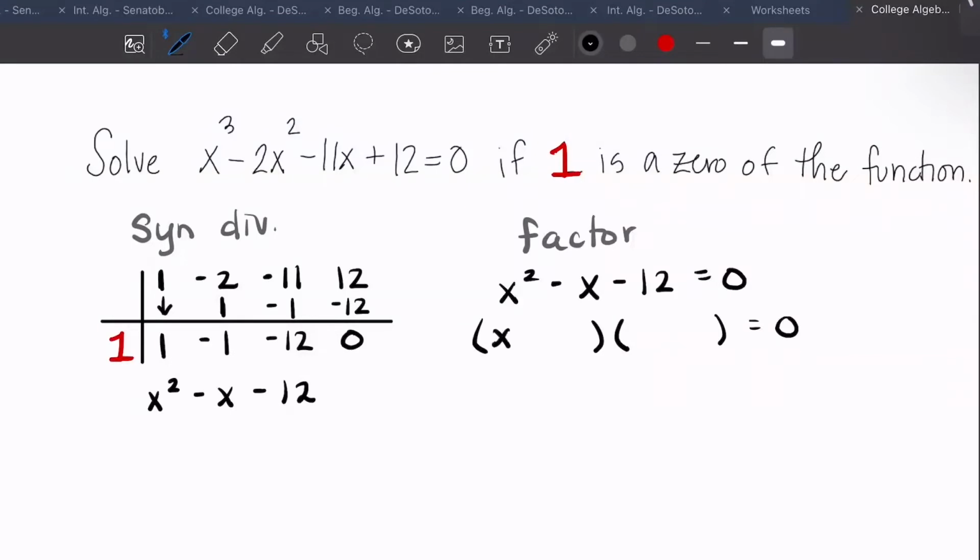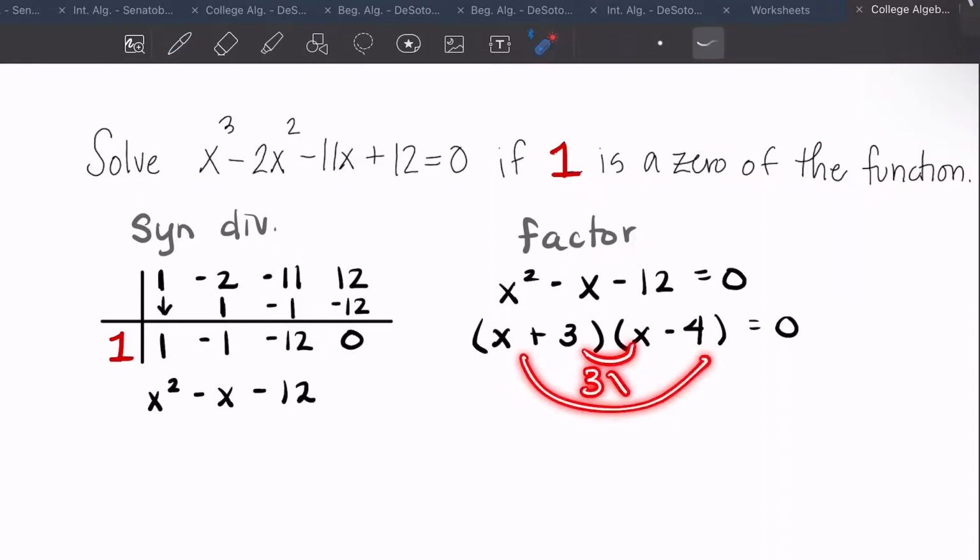So you have x and x, your signs are different. Your factors of 12 that add to give you -1. There's an understood 1 right here, so it's going to add to give you -1. So that is 4 and 3, and you want your 4 to be negative because you want your bigger number to be negative. You can always check.